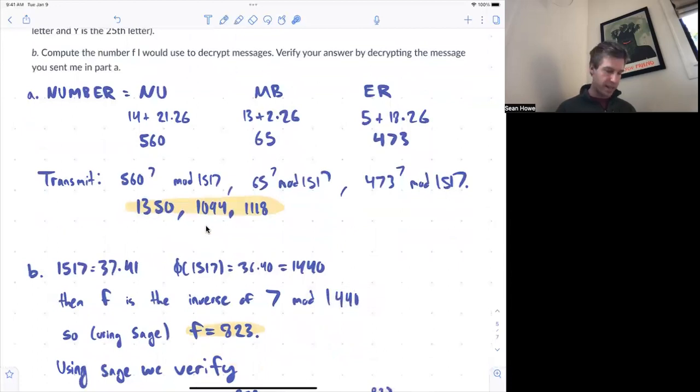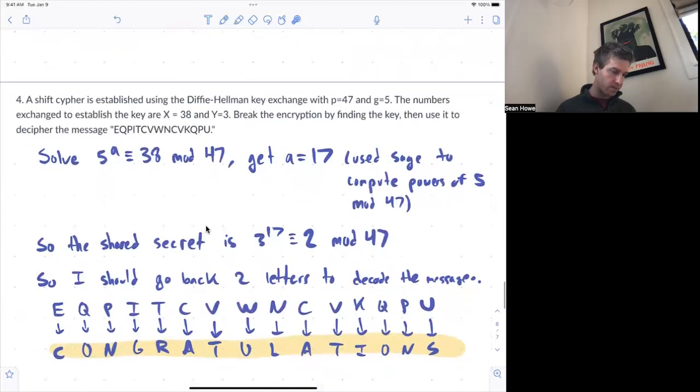Okay, well, I will move on then to the Diffie-Hellman problem that was on the homework.